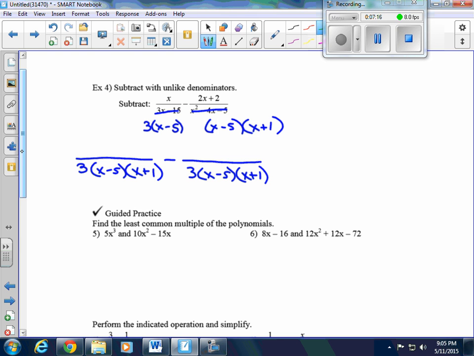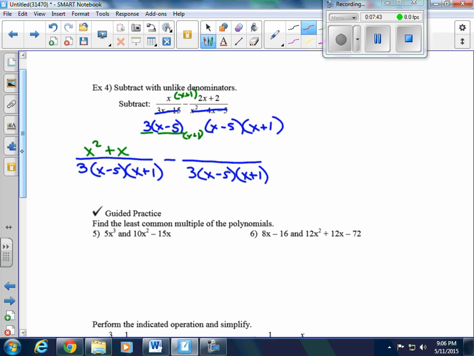All right, so if we look at the first fraction, we have the 3, we have the x minus 5, we need the x plus 1, so we're going to have to multiply the top and the bottom by the x plus 1. So that's going to give us x squared plus x. In the second one, we have the x minus 5, we have the x plus 1, we need the 3.